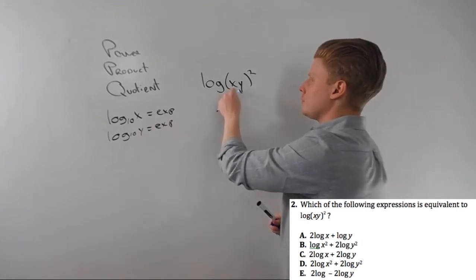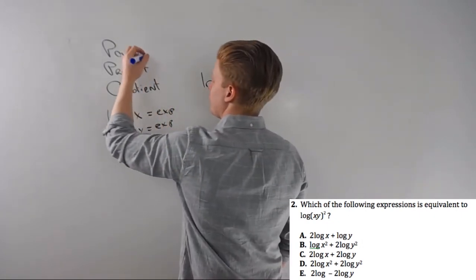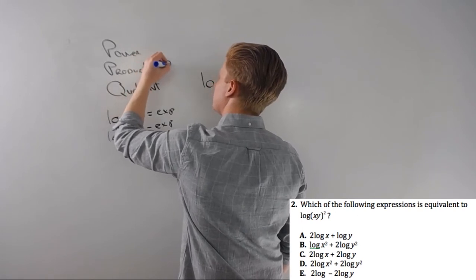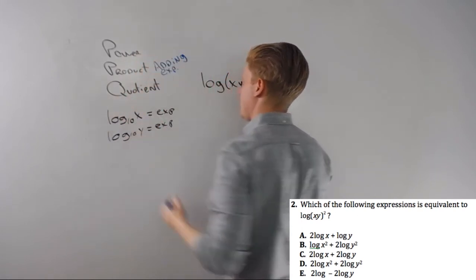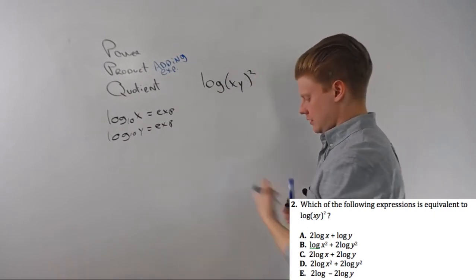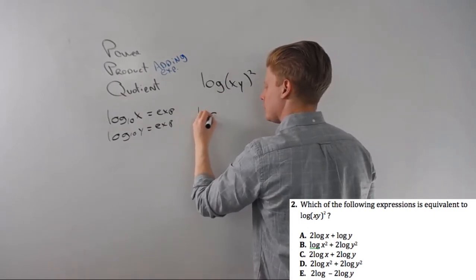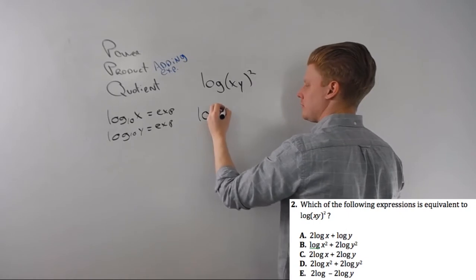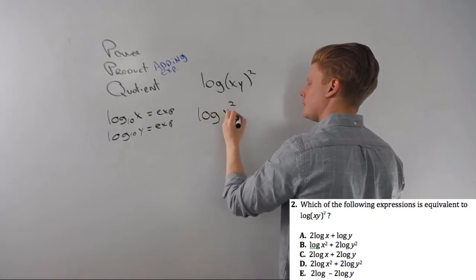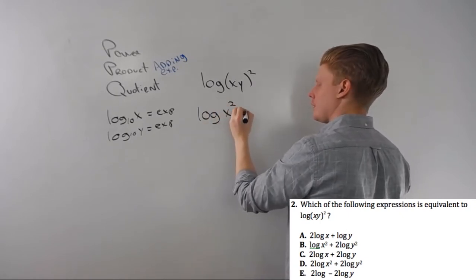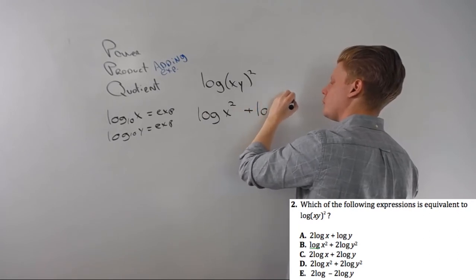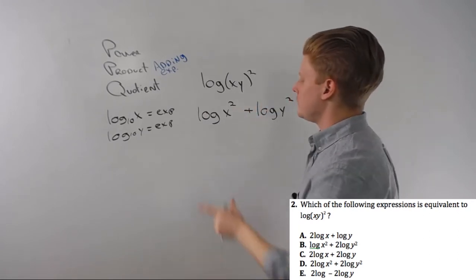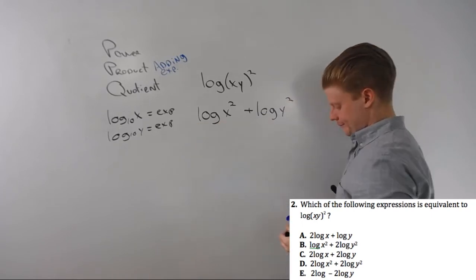So when I'm multiplying here, think of it as adding exponents. And the way to rewrite that is log x, of course this is that invisible base 10, squared. We haven't done anything with the square yet, plus log y squared. Same base, adding exponents.